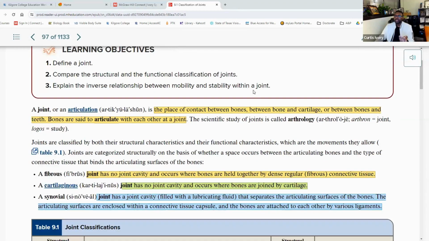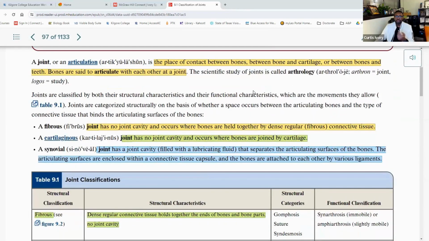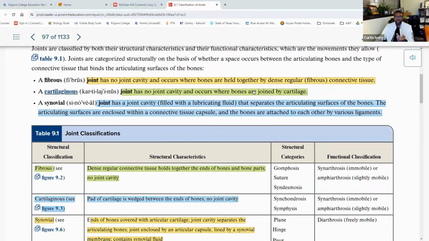So there's three different types of joints. We have fibrous, cartilaginous, and synovial. Fibrous kind of sounds like what it is. It's a dense, regular connective tissue that holds together ends of bones and bone parts. There is no cavity, but fibrous means that there are fibers, or collagen fibers, which we know are in dense regular connective tissue and dense irregular.